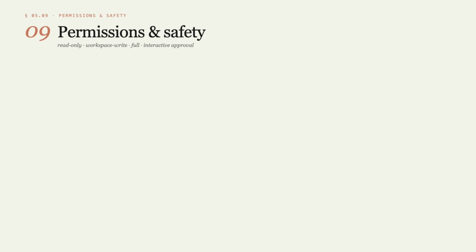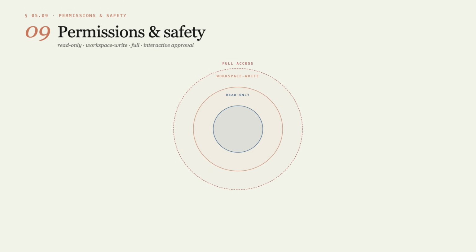Now, let's talk about number 9, permissions and safety. This is the layer that makes the difference between a useful tool and a dangerous one. Modern harnesses define a hierarchy of permission modes. You can have read-only, workspace write, full access. Each tool declares the minimum permission it requires.